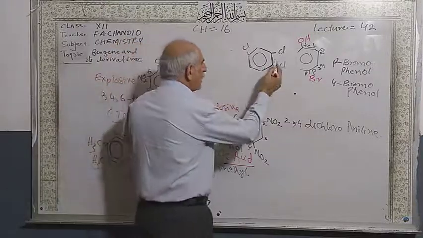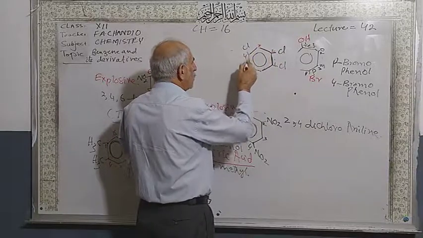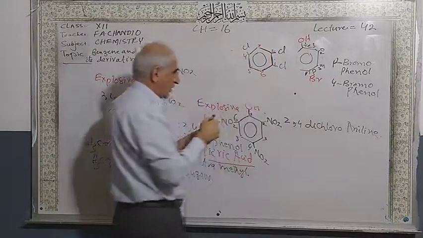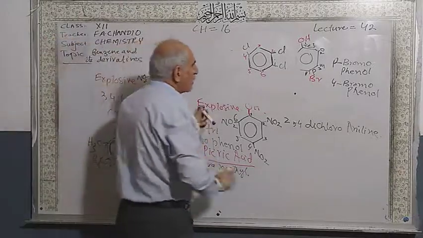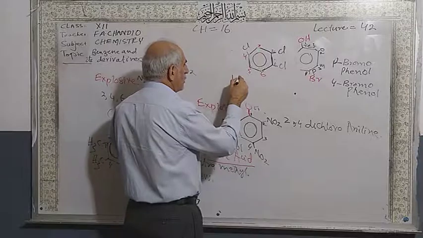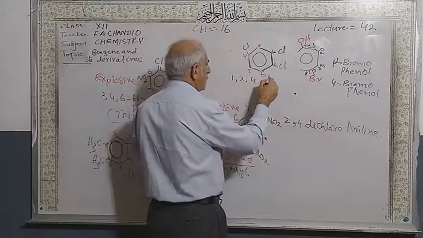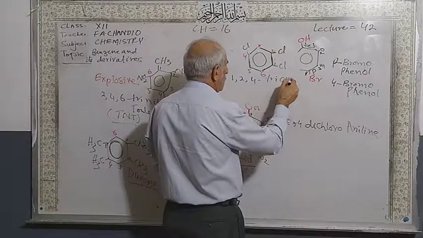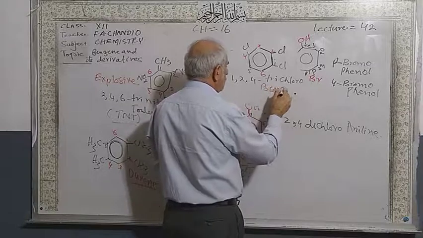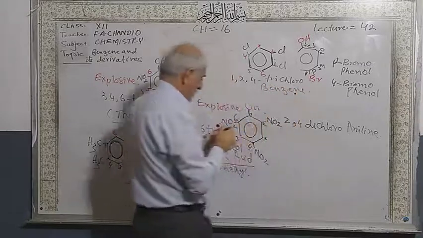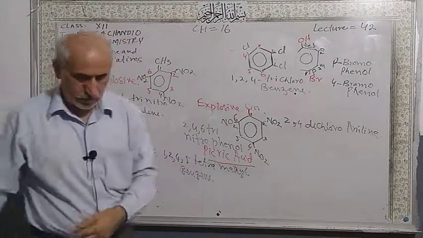So you must start from this side, 1, 2, 3, 4, 5, like this one. This is the nearest. So the name of this compound is 1, 2, 4-trichlorobenzene.